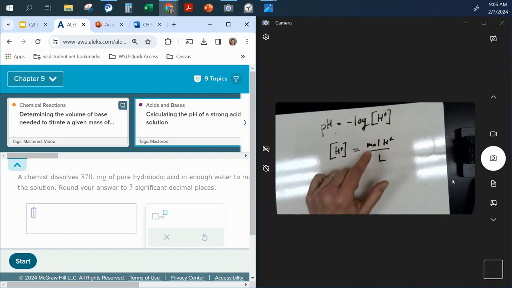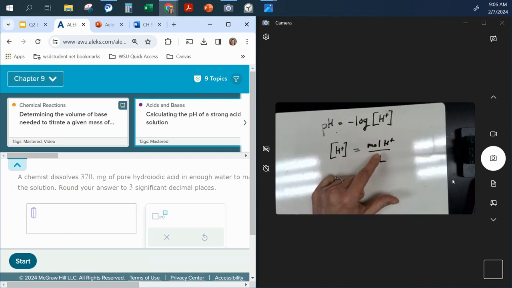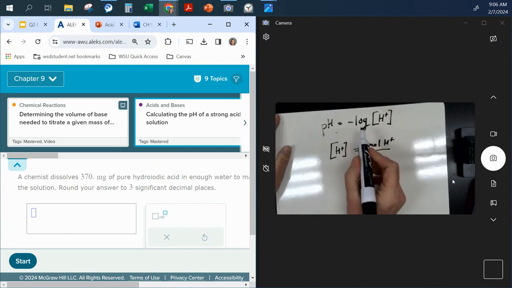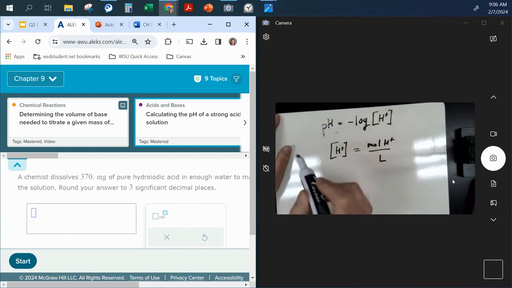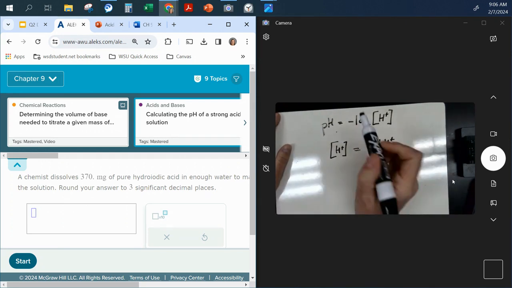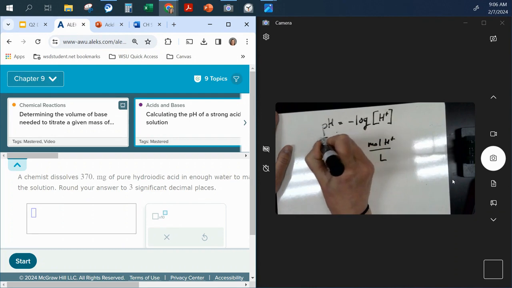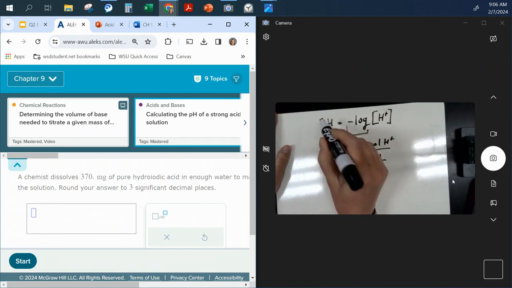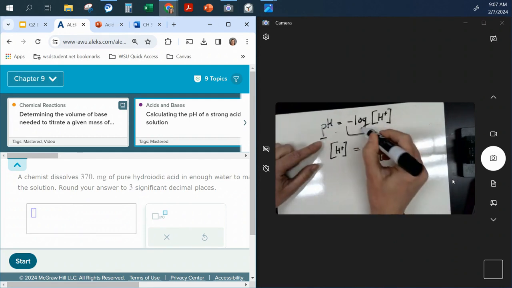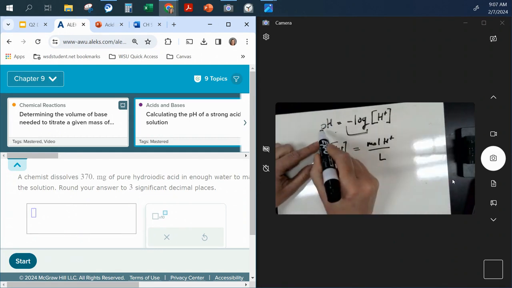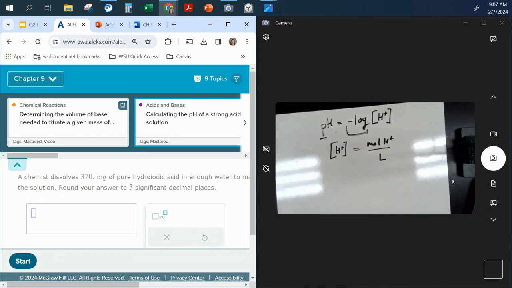I'm going to have to find the concentration of H+ and then plug it into the calculator. Yes, Alex, the calculator has log. So P means negative log. If you ever see P something, that P something is negative log. So we're talking about the negative log of the concentration of H.